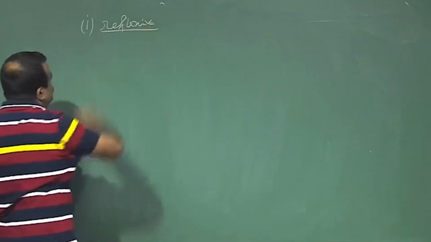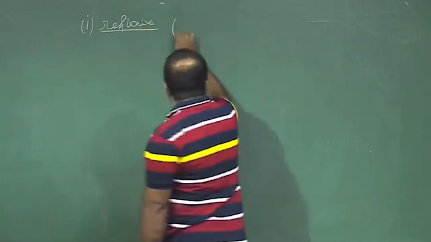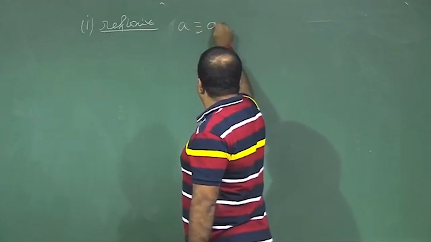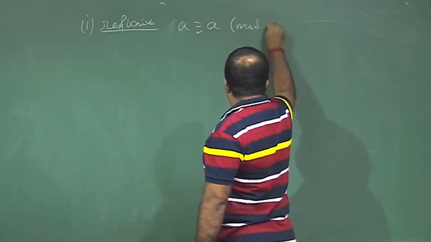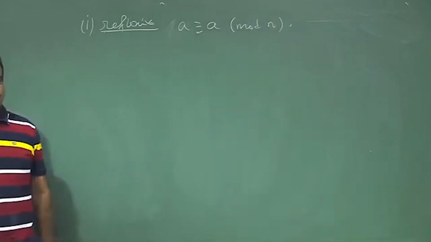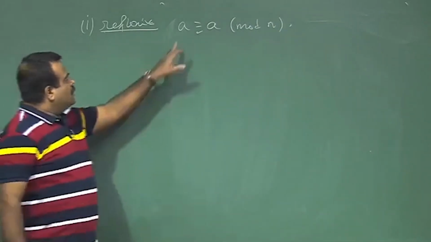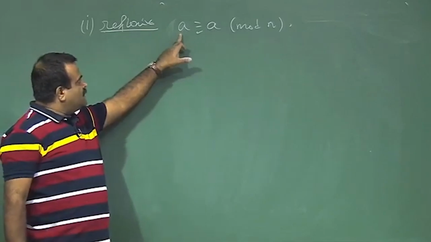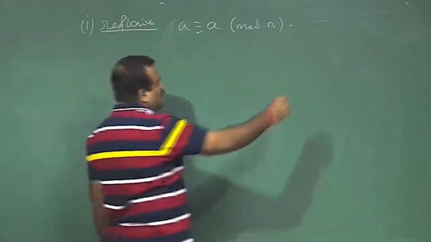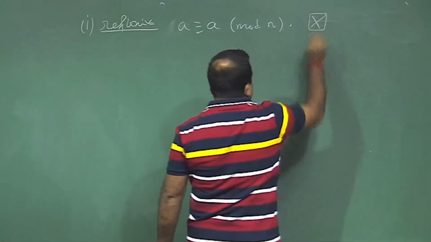Reflexive means a must be related with a, so a must be congruent to a mod n. This is quite obvious, because if we divide a by n, the remainder is the same as if we divide a by n. Nothing to prove here.